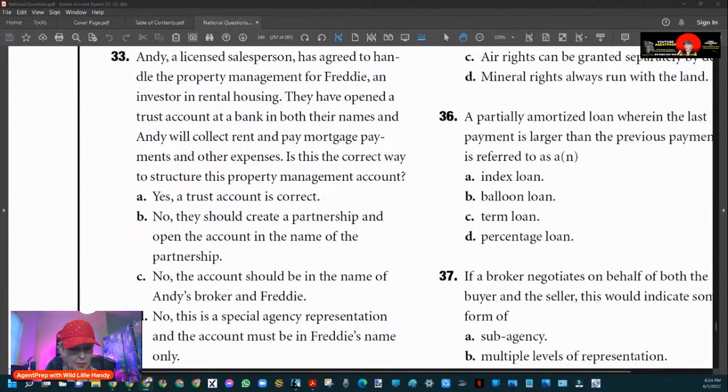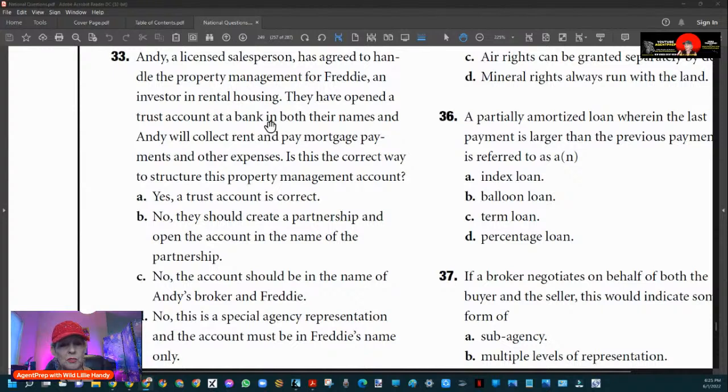Okay, 33 was C. So remember, the question mentioned Andy, a licensed salesperson. Licensed salespersons cannot do property management. Now, if they're an employee of the property management company, that's different because they're an employee. But here, it's a licensed salesperson that has agreed to handle property management.